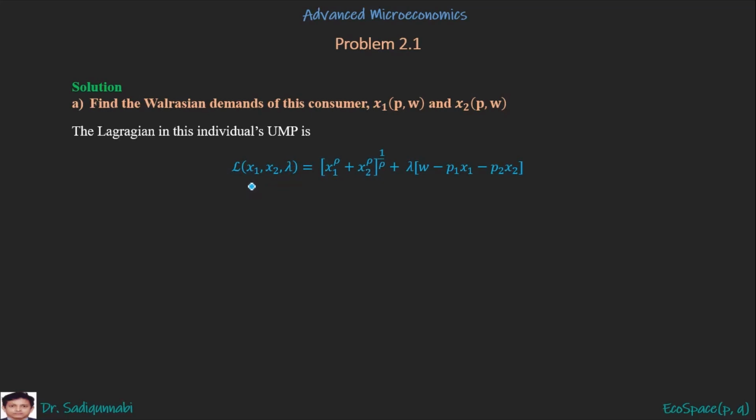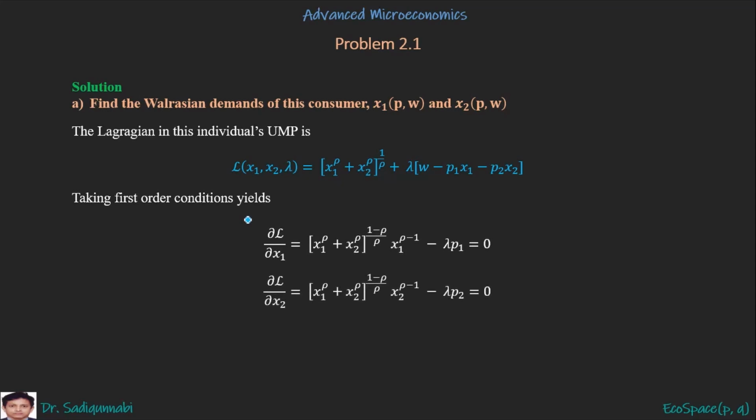UMP means utility maximization problem. So let's take the first order conditions, FOC. The first equation is with respect to x1, the second equation is with respect to x2, and the third equation is with respect to the Lagrange multiplier lambda.